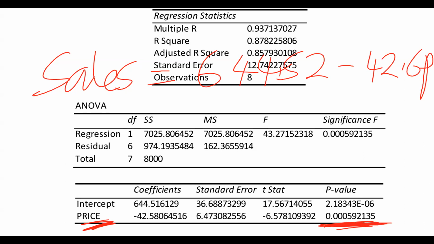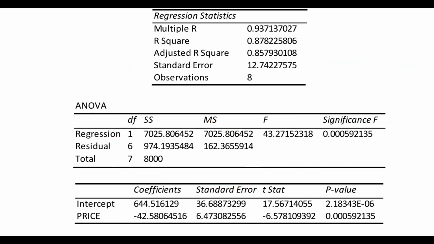Just get the rule of thumb: if the p-value is less than what? Alpha, which is the significance level, then you reject. If it is greater, you fail to do what? To reject. If you fail to reject, it means that the variable has no influence, or it is statistically insignificant. Did you get that?